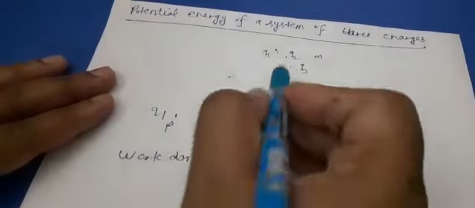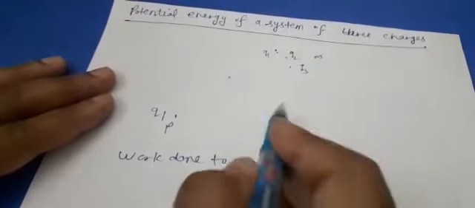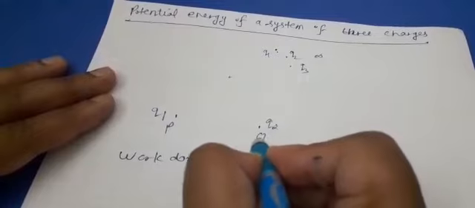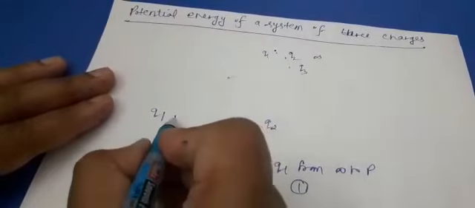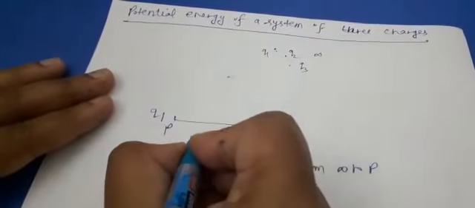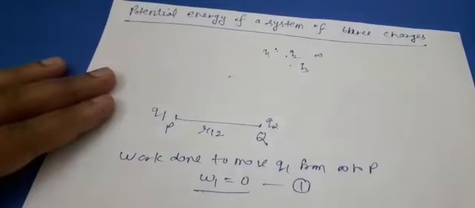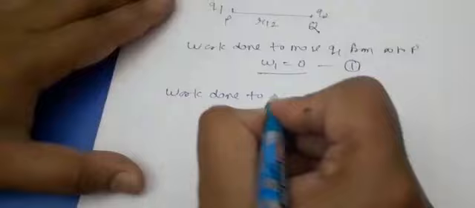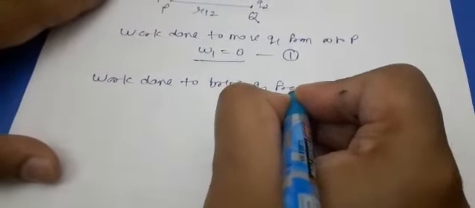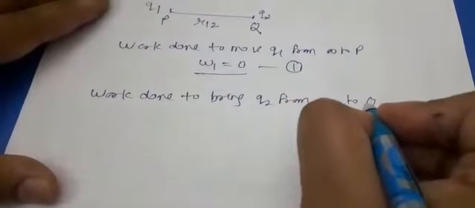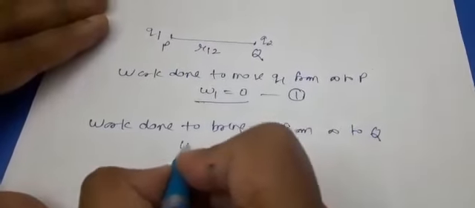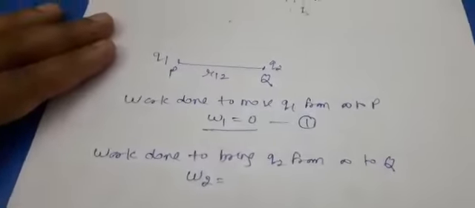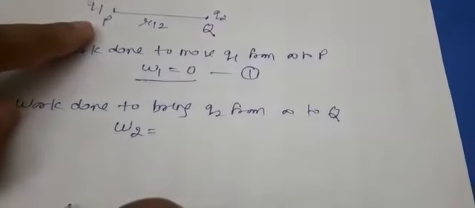Now let me take this Q2 charge. Let it be brought to point Q. Let this separation distance be R12. So work done to move charge Q2 from infinity to Q will be under the influence of this potential only.